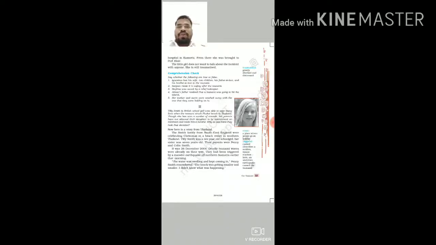The 10-year-old girl took the help of that log of wood where she floated, came to the seashore, and somehow when she woke up, she found herself in the hospital. That girl was traumatized. Traumatized means she was in great shock.